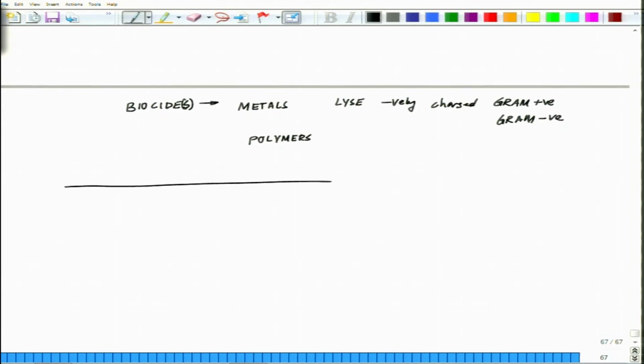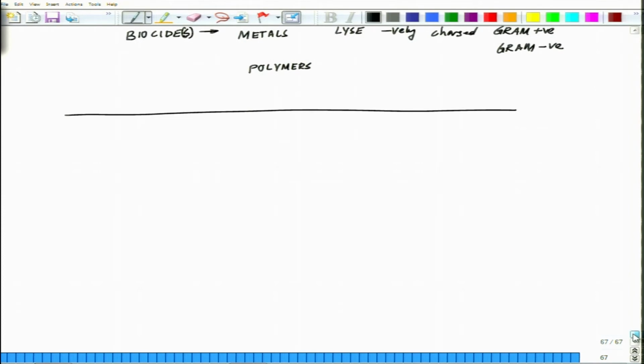In the same line, there is another area which is extremely important in animal production, is the diagnostic tool. So, the diagnostic tools could be, again, of two kinds.